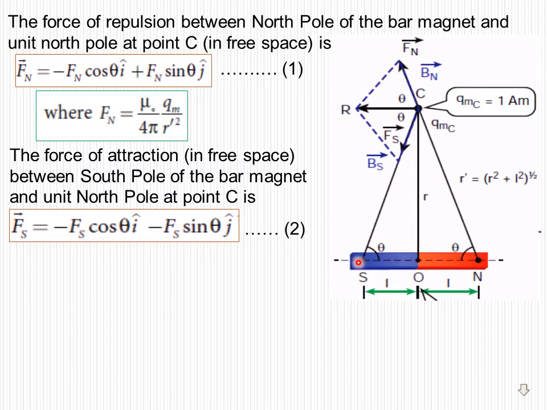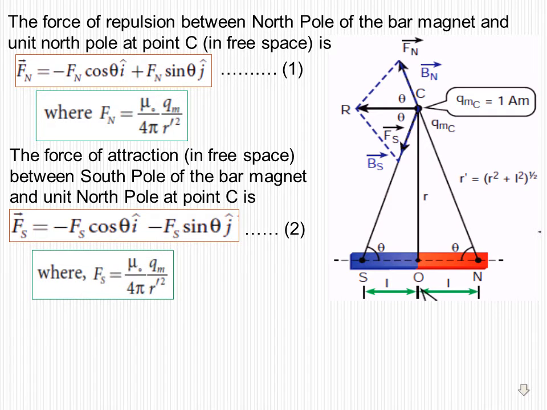And the force of attraction in free space between the south pole of the bar magnet and the unit north pole at C is F vector s is equal to minus Fs cos theta i cap minus Fs sin theta j cap. Therefore Fs is equal to mu naught by 4 pi into Qm by r dash square.